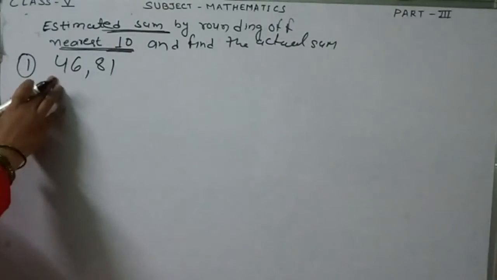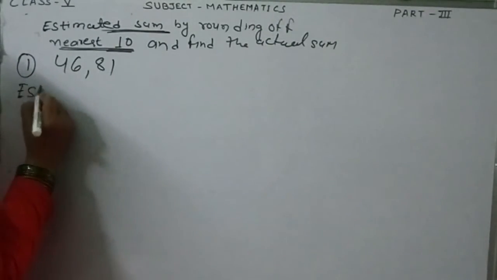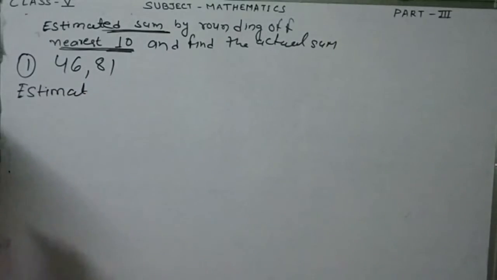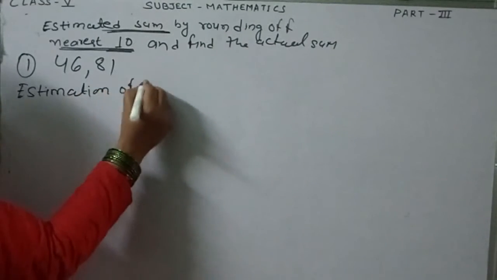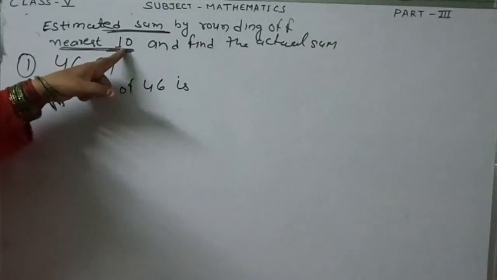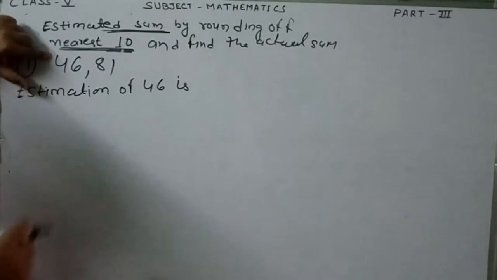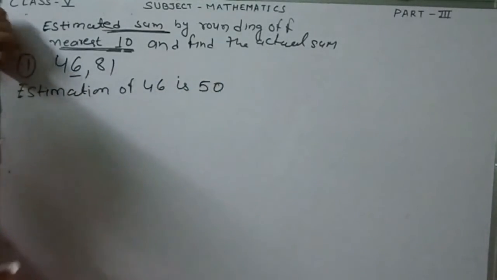The first work is to estimate these numbers. 46, nearest 10. Which digit do we have to check? Ones digit. Ones is 6, and 6 is greater than 5. So we add 1 to get 5, and the last digit will be 0: 50.